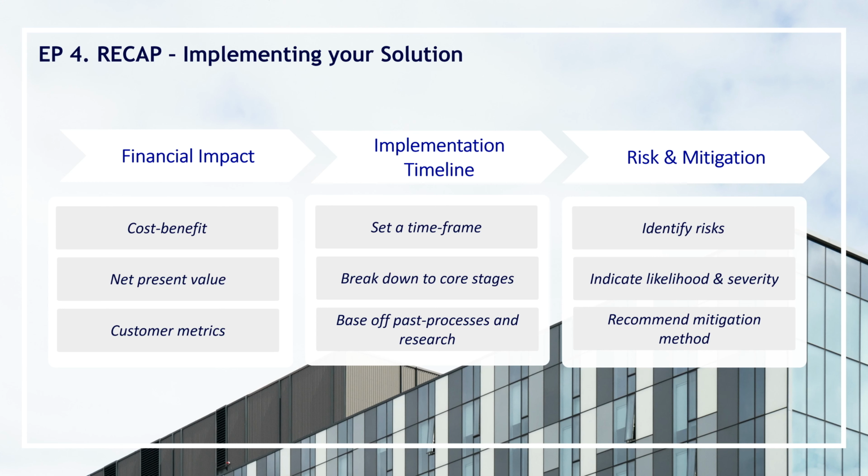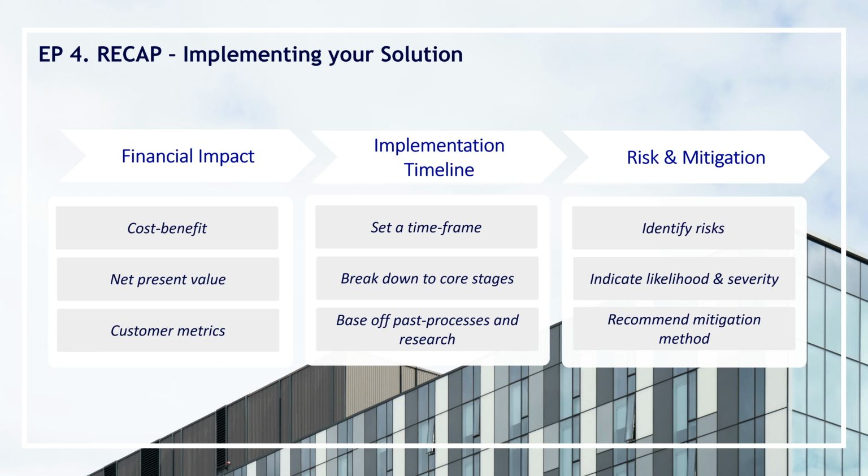To recap Episode 4, Implementing Your Solution, remember to demonstrate the financial impact of your strategy using either a cost-benefit analysis, net present value analysis, or any other key metrics. These are just some common ways to quantify your solution's impact and demonstrate its feasibility. In addition, the implementation timeline is a great way of showing the judges you have given thought into its operational feasibility and implementation.